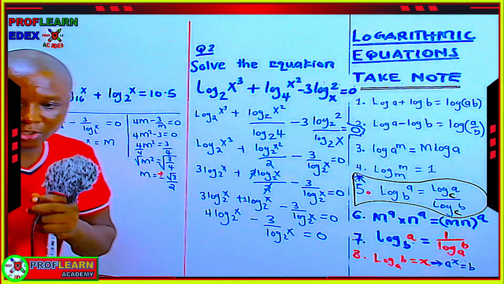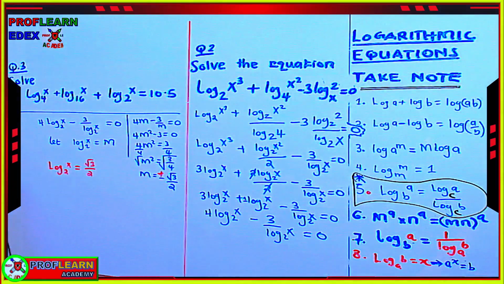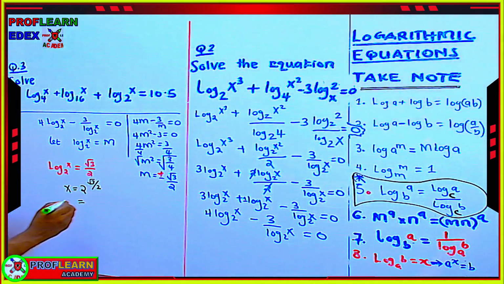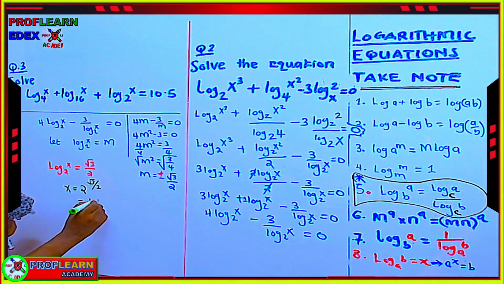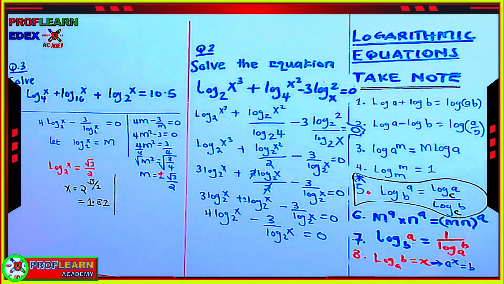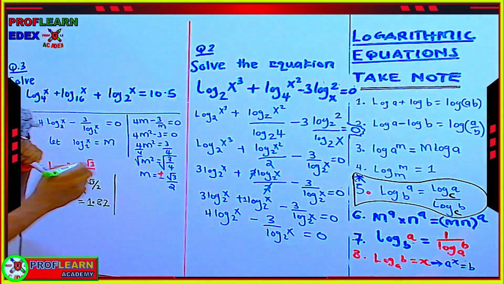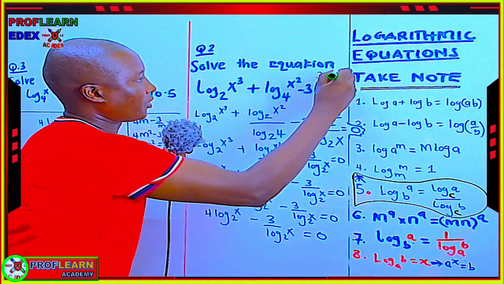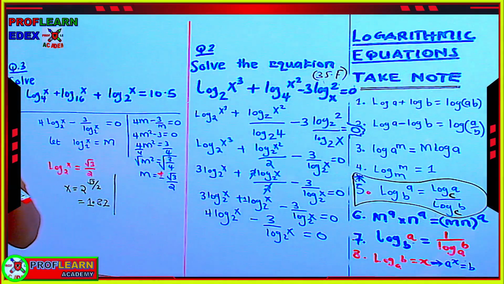Now, using index notation, this expression can be written as x is equal to 2 raised to power root 3 over 2. If you work it out, the first answer is going to be 1.82, because we are supposed to give our answer correct to 3 significant figures in this question.